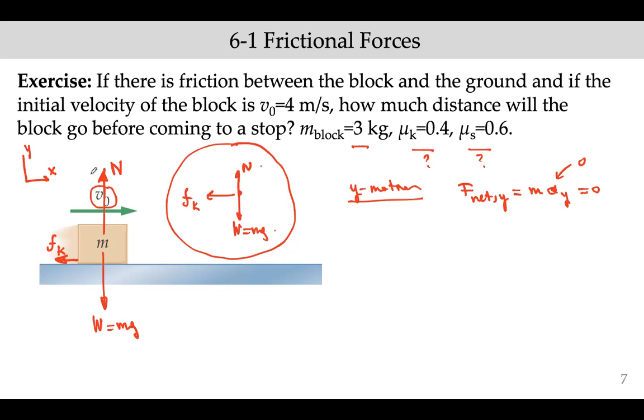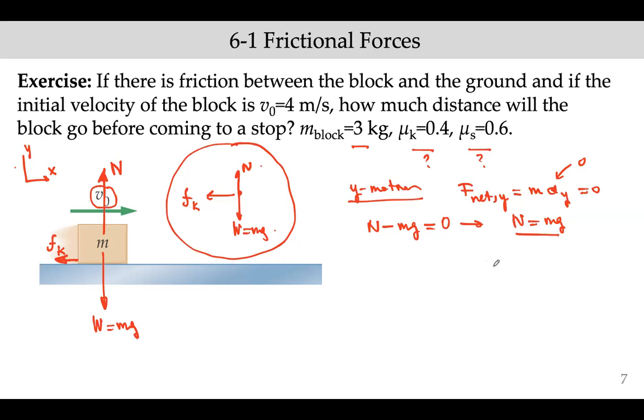The right direction is positive, the up direction is positive. So the normal force comes with a positive sign, and weight comes with a negative sign with respect to this coordinate system. So normal force minus mg equals m times the acceleration in the y direction, which is 0. From here, what we find is normal force equals mg.